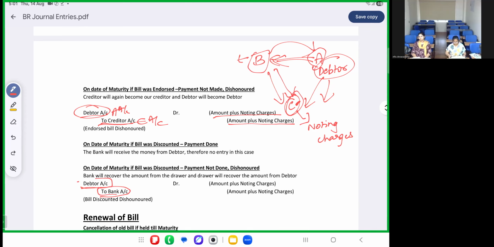And if my debtor has paid to my bank, what will be the entry? No entry, because my debtor has paid to the bank. They have done the job. What if the discounted bill is dishonored? Debtor account to bank account, plus noting charges.